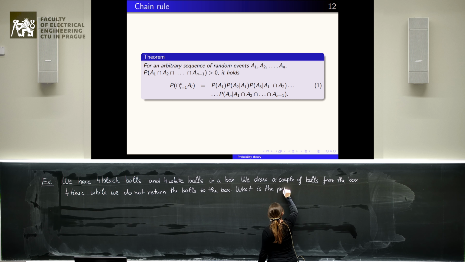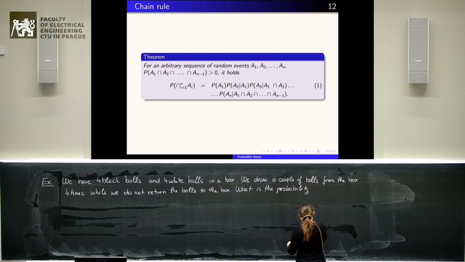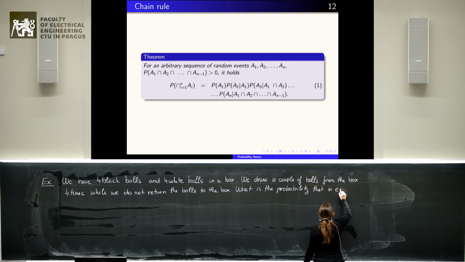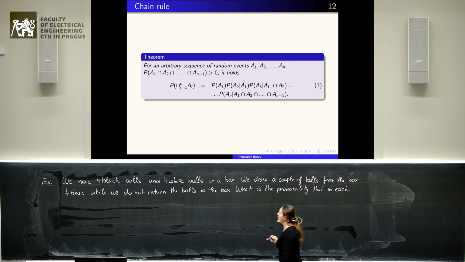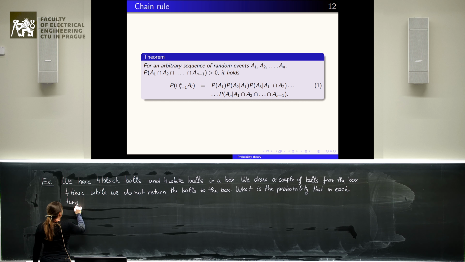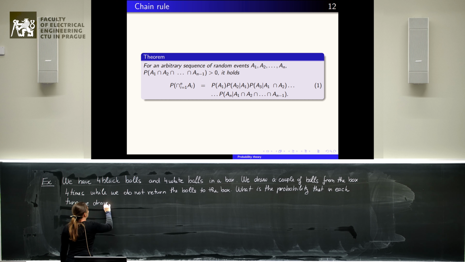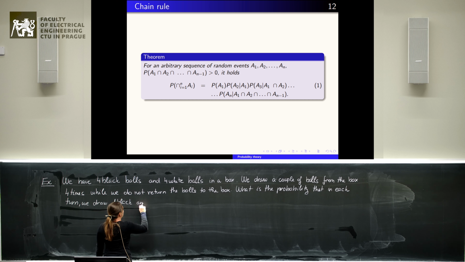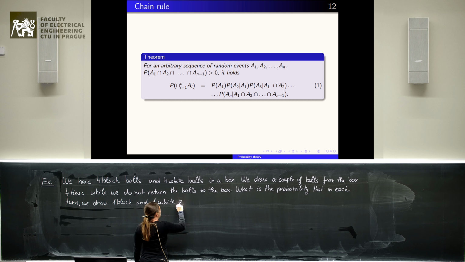What is the probability that in each turn we draw one black and one white ball?